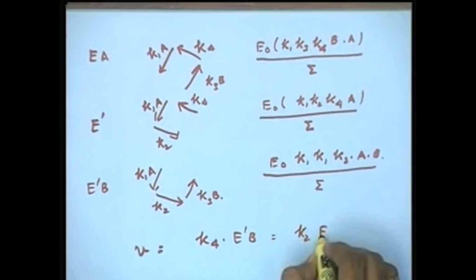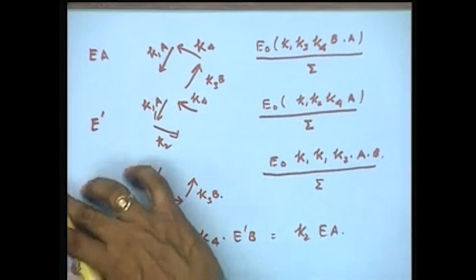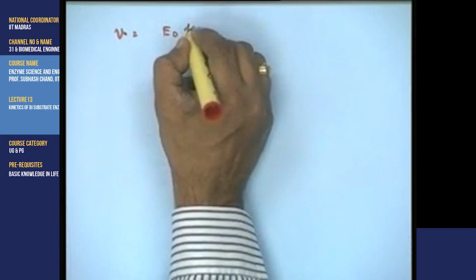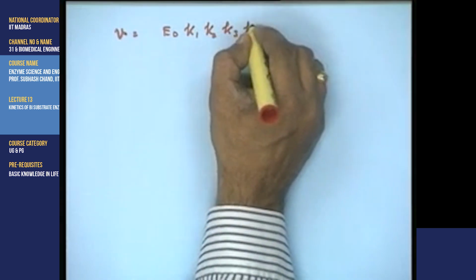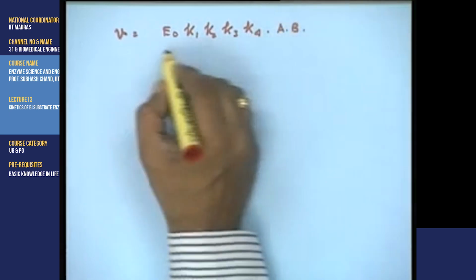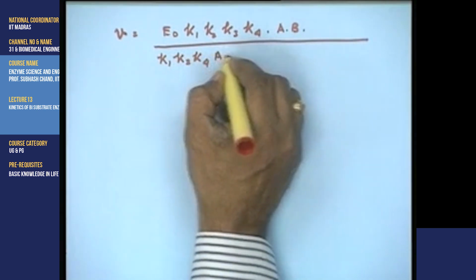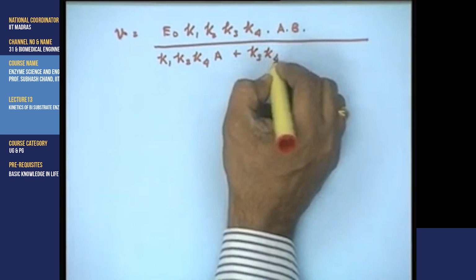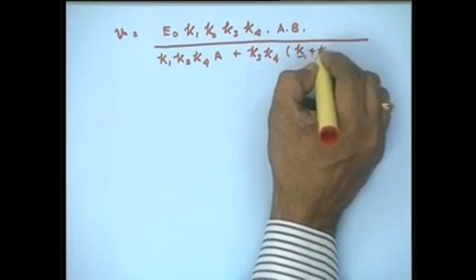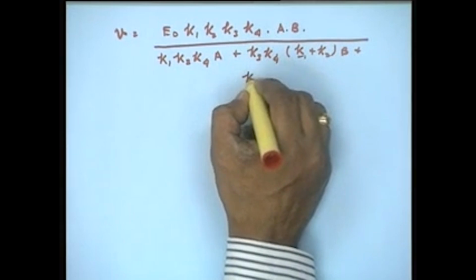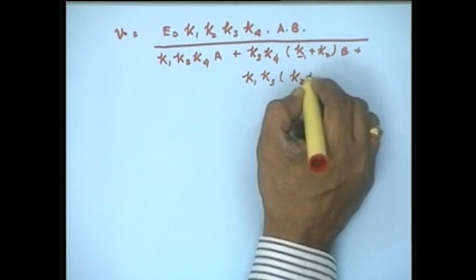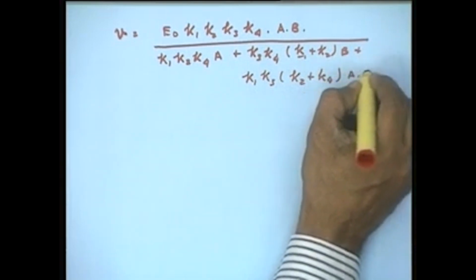Therefore you can substitute the values and get your reaction velocity expression as E naught, K1, K2, K3, K4 into A into B, whole upon K1, K2, K4 into A plus K3, K4, K minus 1 plus K2 into B plus K1, K3, K2 plus K4 into A into B.